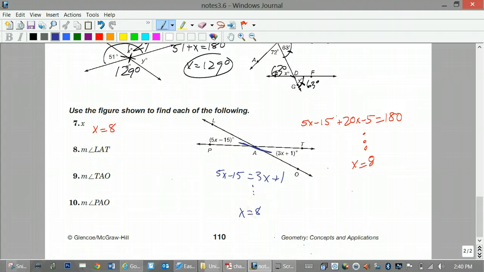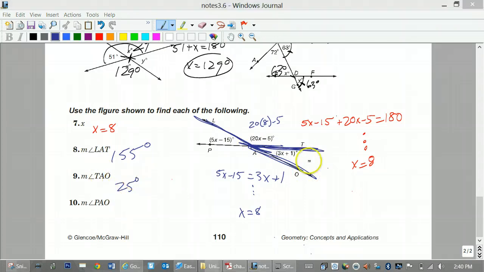After you get x is 8, to get LAT, that was actually there. So you would do 20 times 8 minus 5, and you get 155. To get TAO, you could do 180 minus that. You get 25.